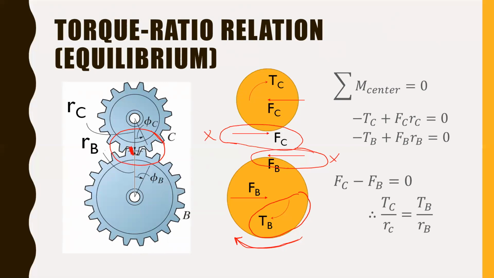So then, if we have this force Fc acting on gear C, we know that there had to be some moment or torque that was providing that reaction force Fb. And that torque ends up being in the same direction as the applied torque. So the applied torque on gear B is clockwise, this reaction torque, torque C, is also clockwise.